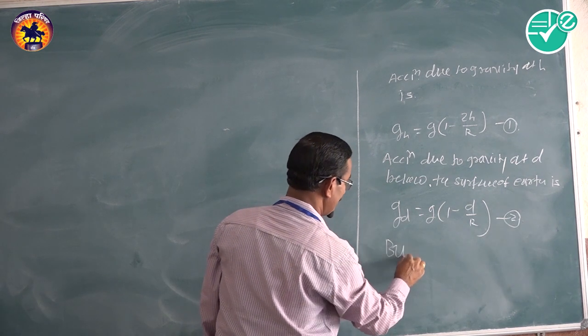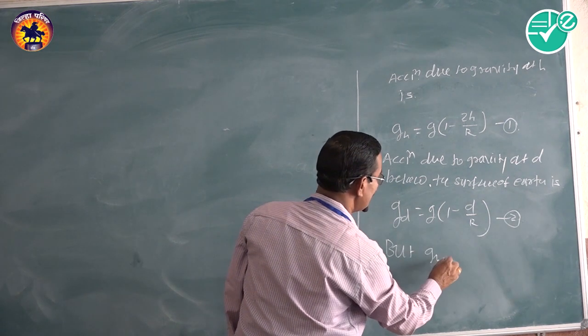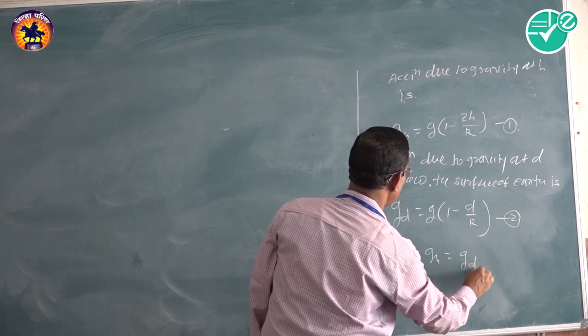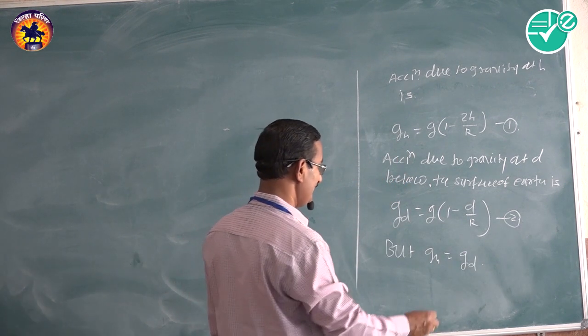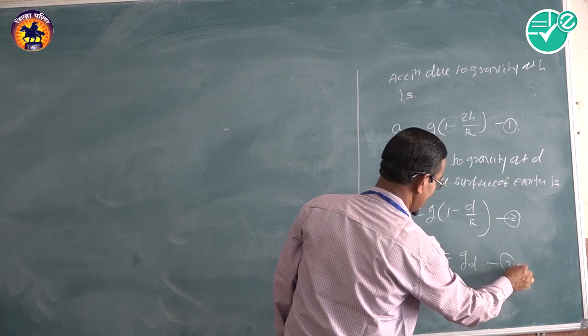But g_h is equal to g_d. g_h is equal to g_d, that is equation 3.